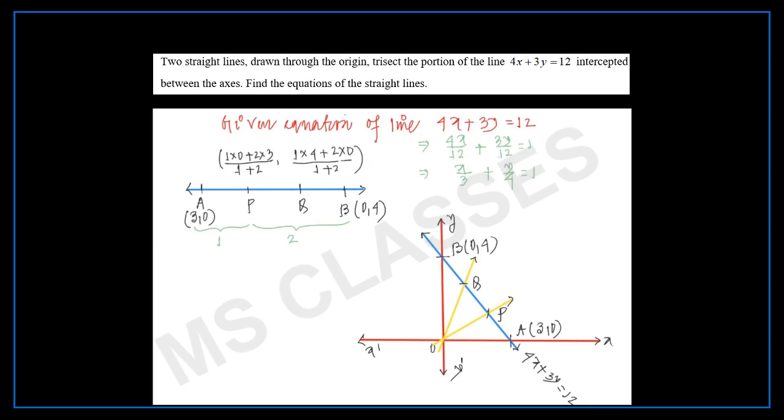So this is the point P. P is coming as (2, 4/3).